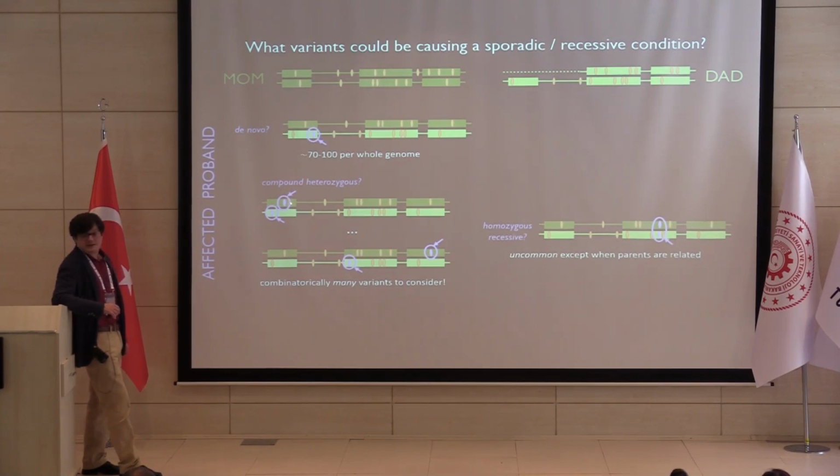Or it can be a recessive case, right? It can be that one variant is inherited from the mother, one from the father, and they happen to be in the same gene. And usually what we see, in the overwhelming majority of cases, is compound heterozygosity. Now, in some cases we see homozygosity.